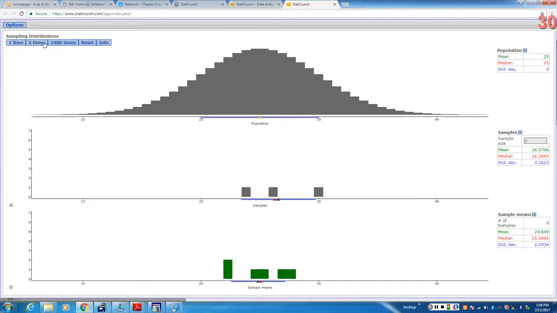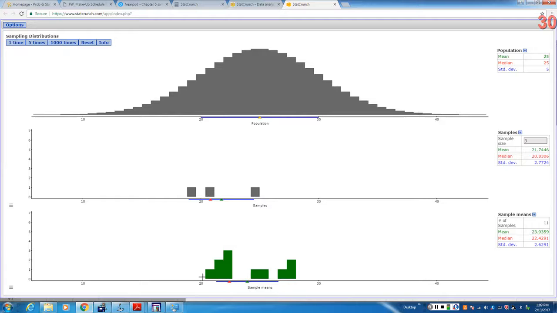Now, do you see that there? Okay, so now I'm going to take 5 more. So now I have 11 samples. This is the way it looks.